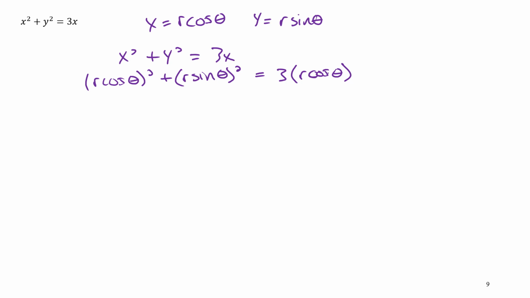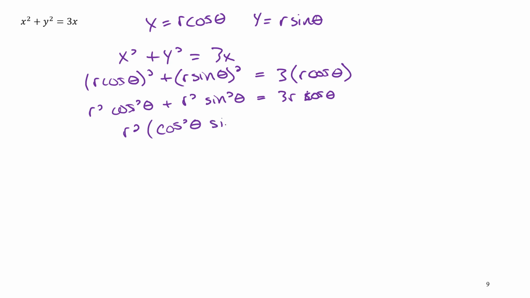Distributing out the squared, we would get r squared cosine squared plus r squared sine squared equaling 3r cosine. Then I would factor out on the left side the r squared, and you would leave behind a cosine squared plus a sine squared equaling 3r cosine.